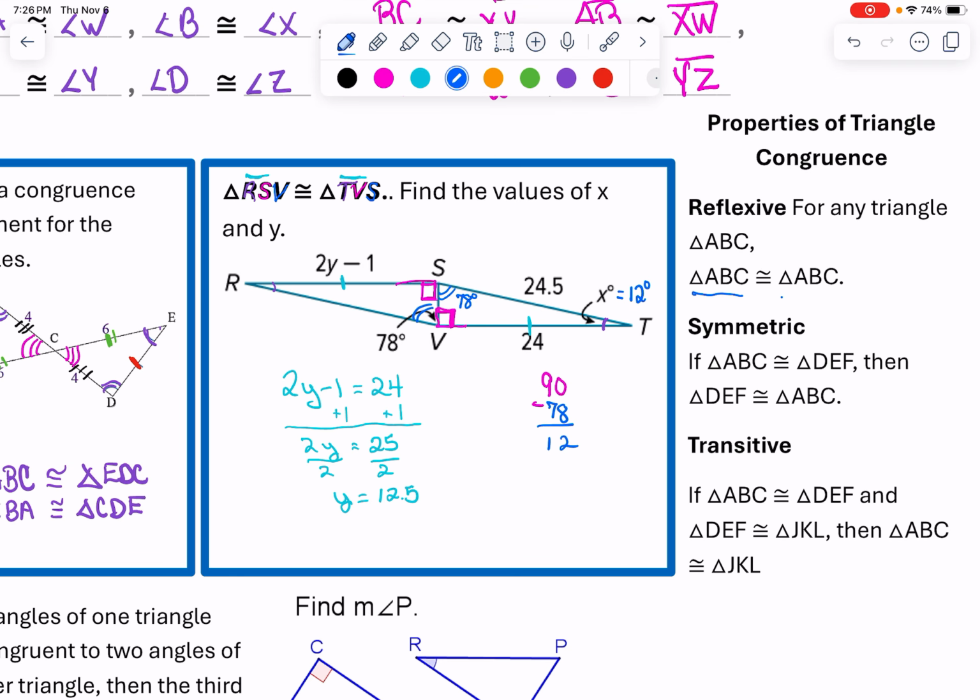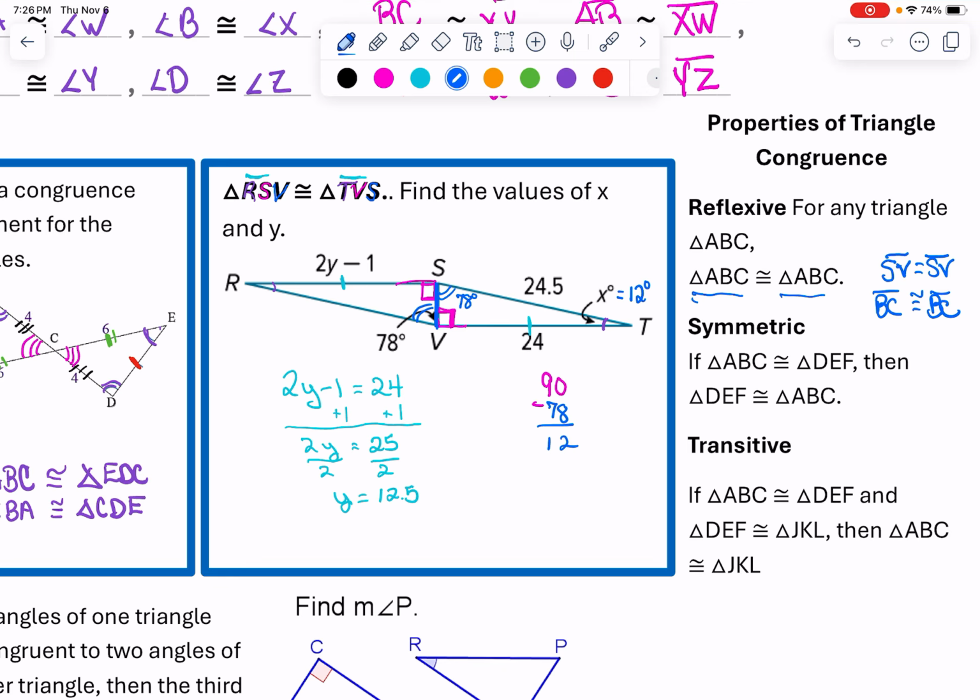A triangle is congruent to itself, or a segment, SV is in both triangles, a segment is congruent to itself. An angle is congruent to itself if an angle happens to be in 2 separate triangles. So riffing off of the triangle ABC, we could say segment BC is congruent to segment BC. That's what reflexive means.